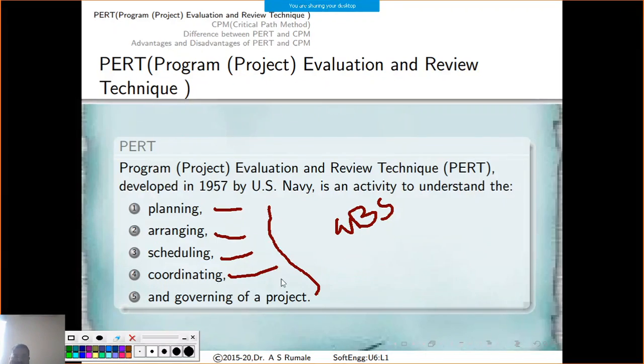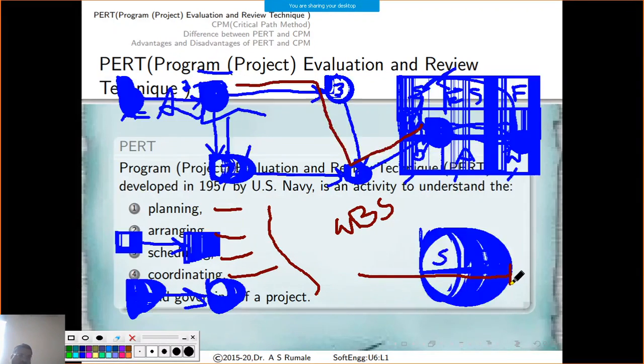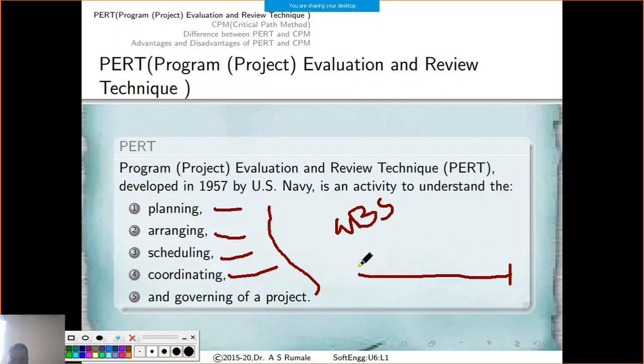Say suppose you got a project and here is the time given. Your project starts, let's say, at the 0th week. That is the start time of your project, and you are given a maximum limit of, say, 16 weeks of time duration.